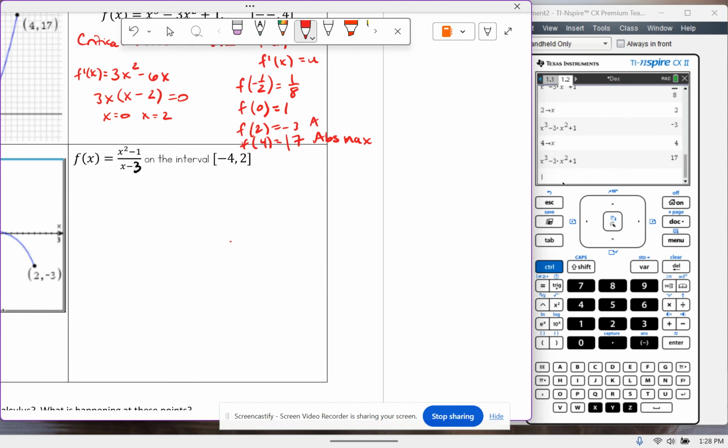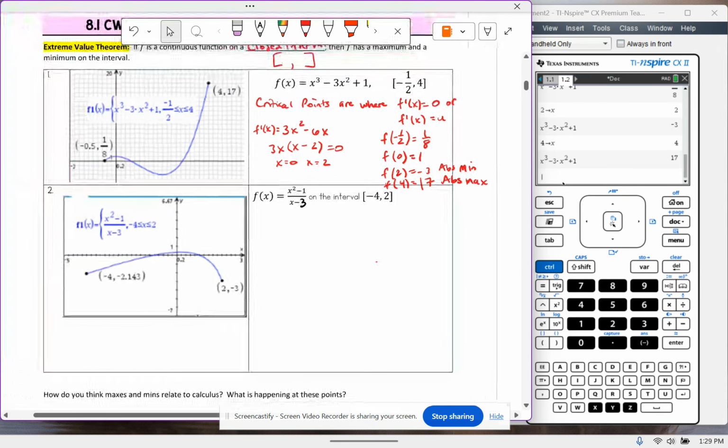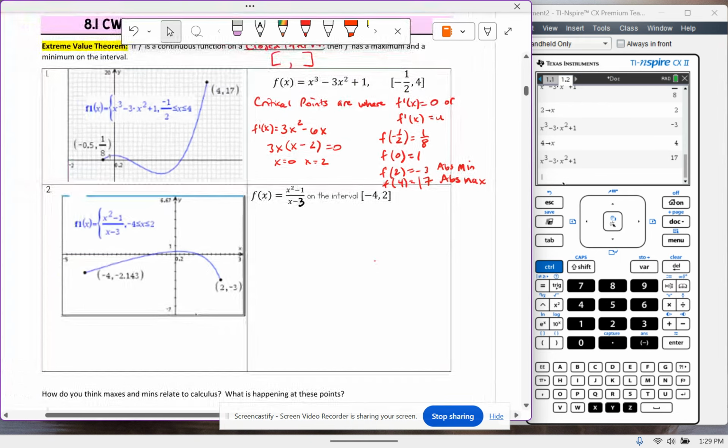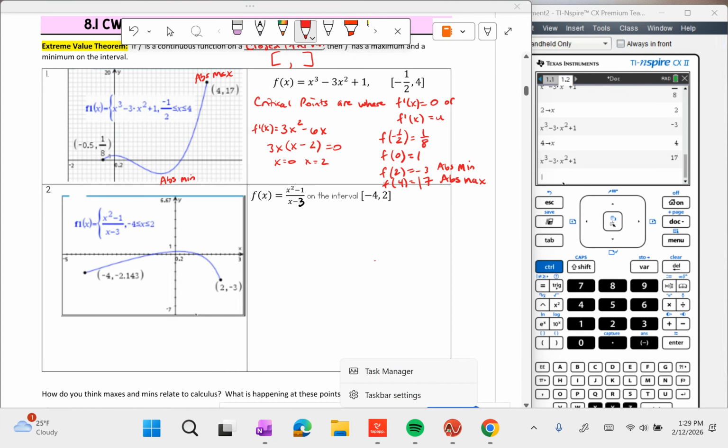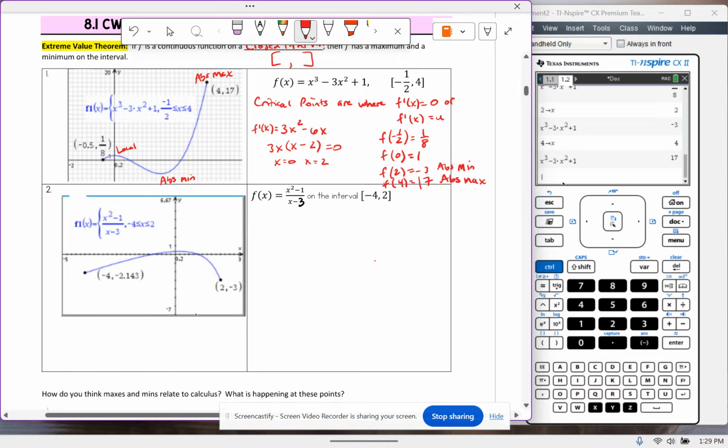Yeah, this guy's going to be the absolute min. And since he's on a closed interval, he has an absolute min and an absolute max. And then there's other maxes and mins kind of, but they're happening in their own little area. So we would call them a local max.